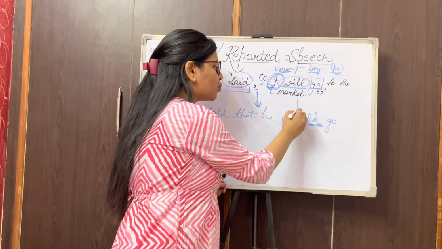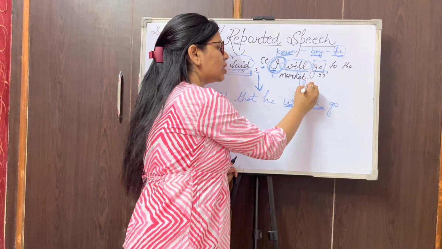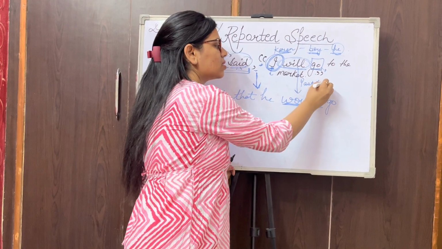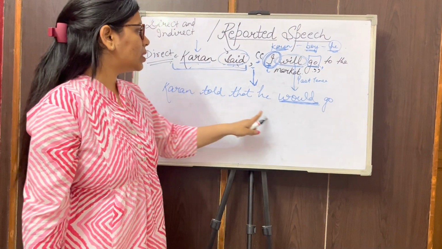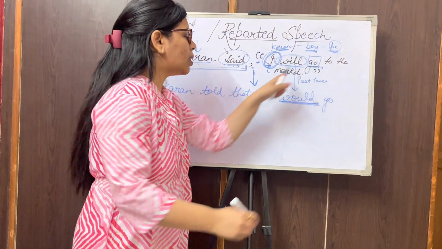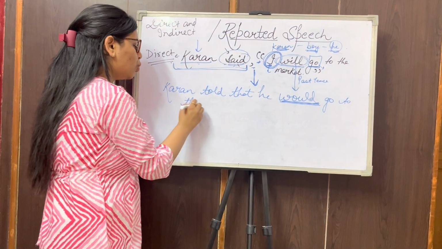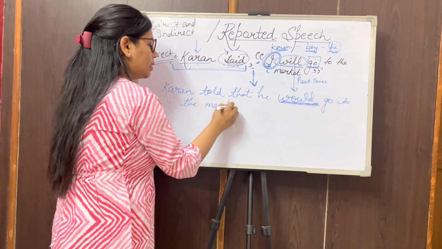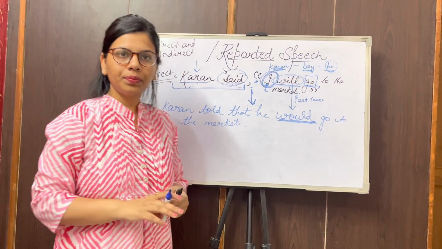Because when we change will to would, it alone is indicating that we have changed it into the past tense. So no need to change the main verb. Karan told that he would go to the market will come as it is. He would go to the market. And then we will end it with a full stop.